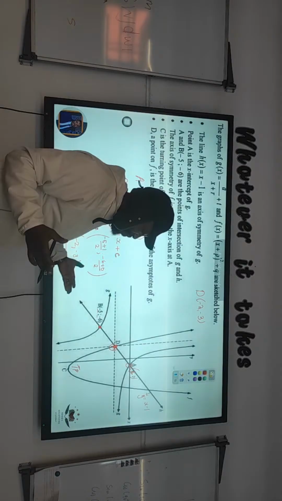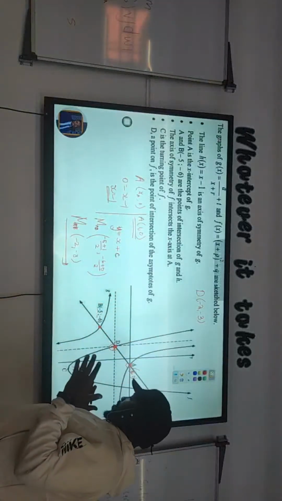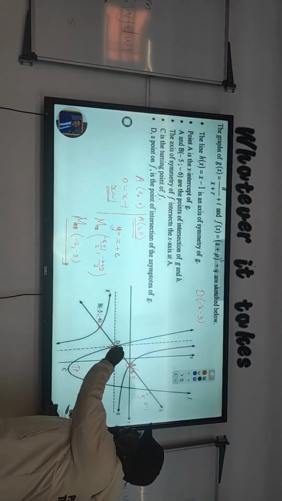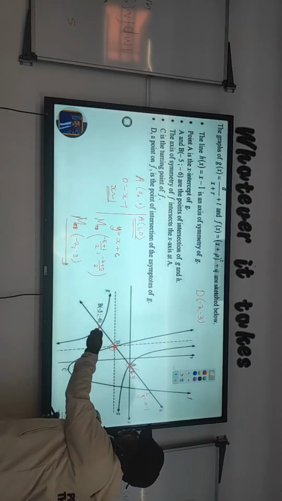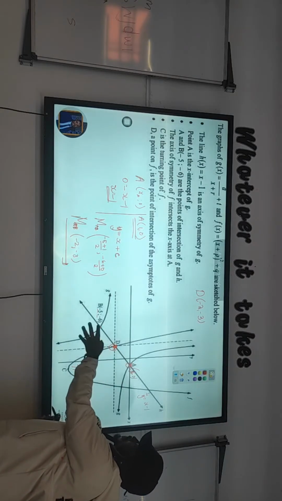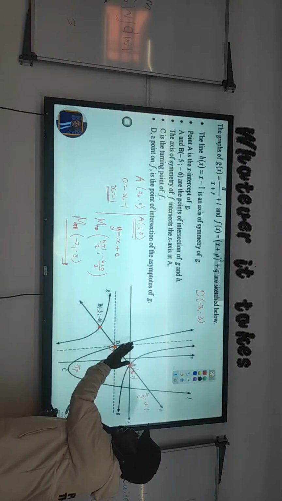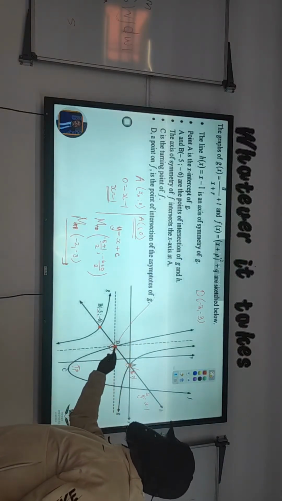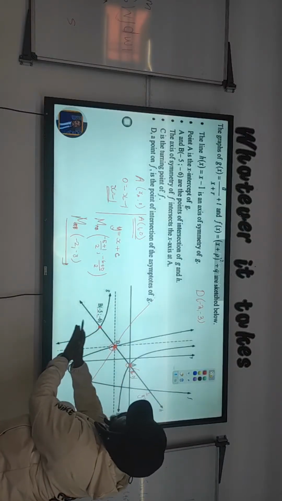How did this help me? Understanding the concept of symmetry. If you are saying this is a line of symmetry, or this is a point of symmetry, it means that the 2 points that are the same on the 2 sides of the graph need to be the same distance from the point, or they're actually the mirror image of each other. If you fold this graph here, this part will be on top of this one.